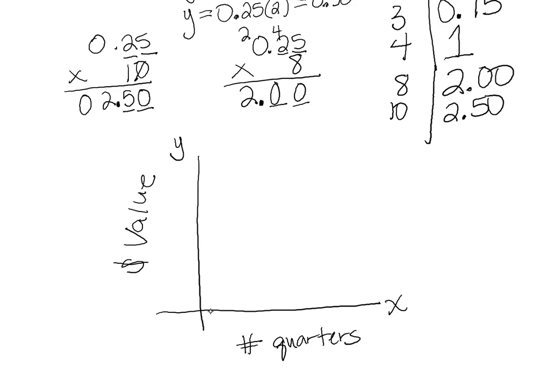We could say that we had 4 quarters, 8 quarters, 12 quarters, 16 quarters, because every 4 quarters represents another dollar.